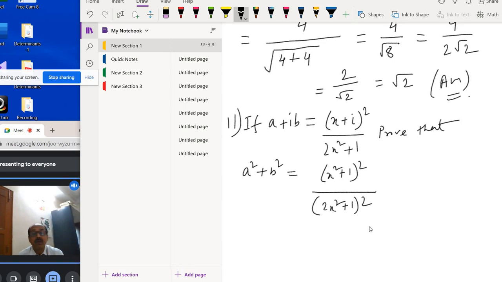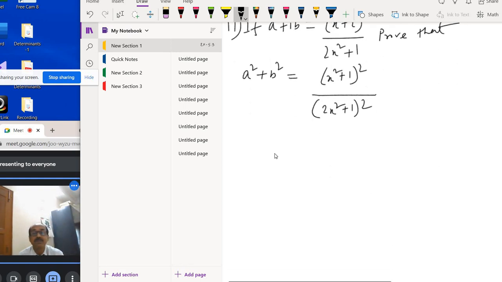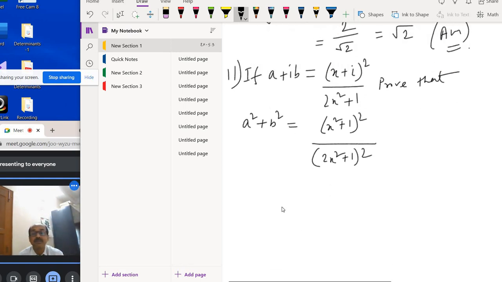Start from the given condition. a plus ib equal to (x plus i) whole square.